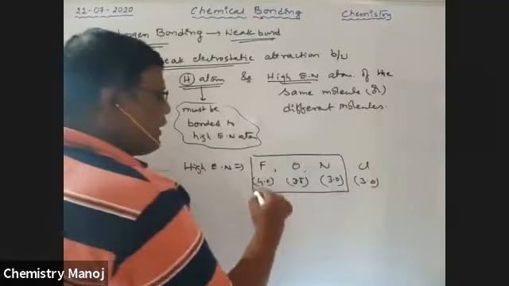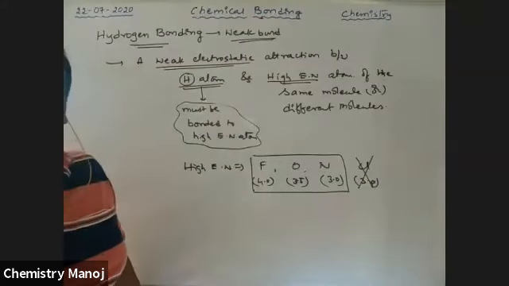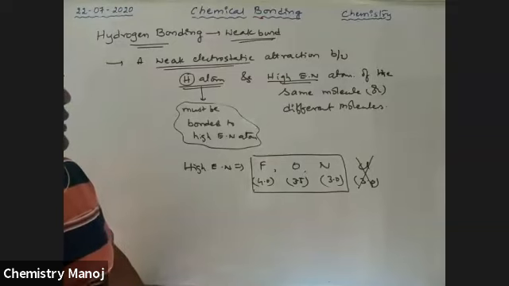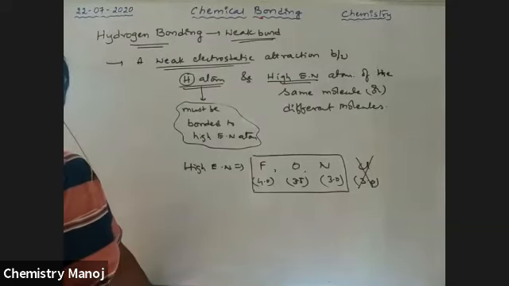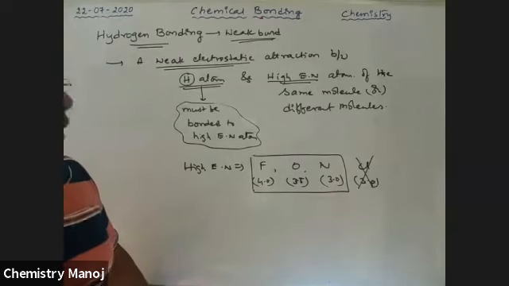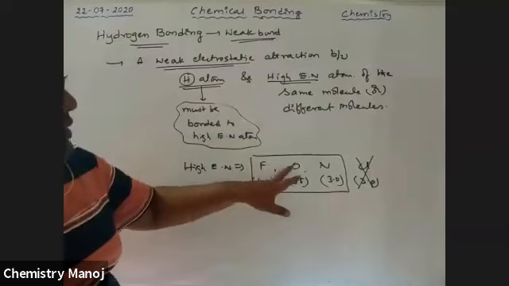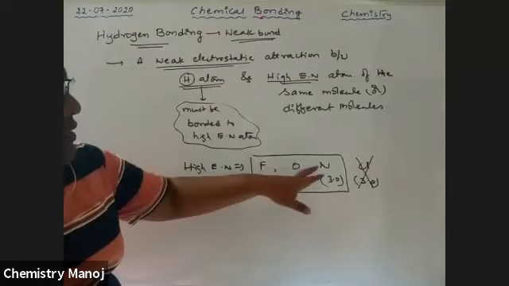Even though chlorine has the same electronegativity as nitrogen, chlorine is generally not involved in hydrogen bonding. Why? I will explain. Please wait.